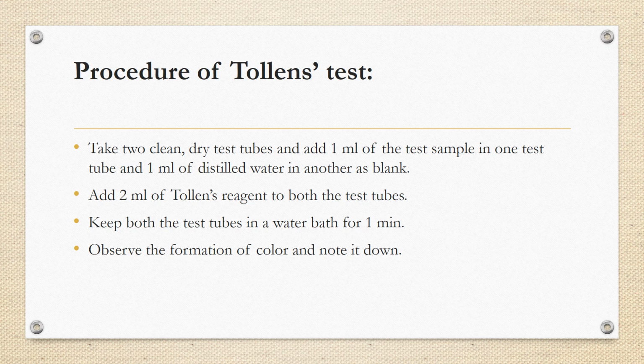The procedure of Tollen's test. Take 2 clean and dry test tubes. Add 1 ml of the test sample to one test tube, and mark it as the sample.